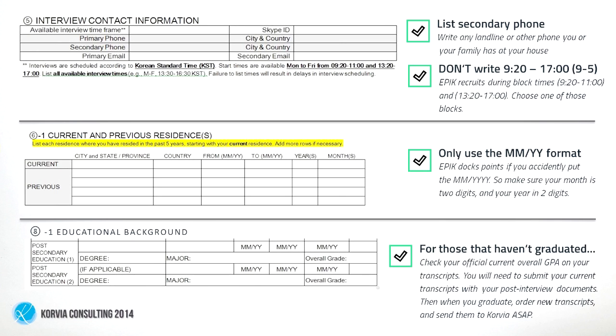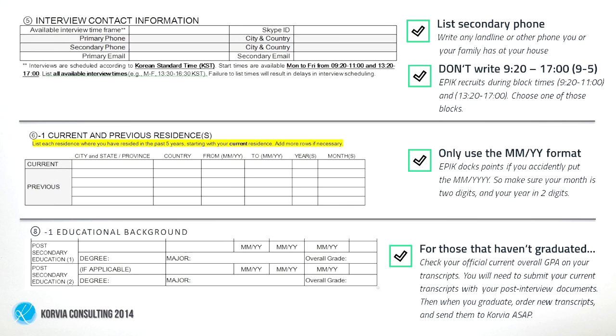And finally, for educational background, a lot of people haven't graduated yet and they want to know, well, what do I put for my GPA because I don't have the final one yet. If you can get unofficial transcripts, either from an online source if your school has that kind of site for students, or you can go to the official office, I guess it would be the admissions office maybe, registration office.